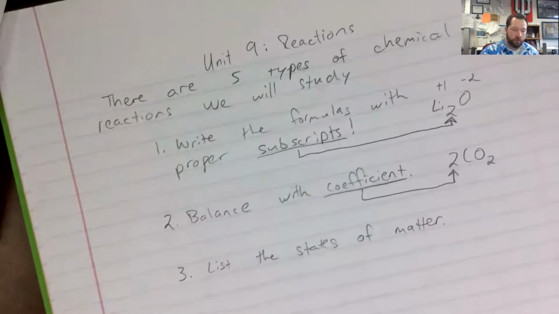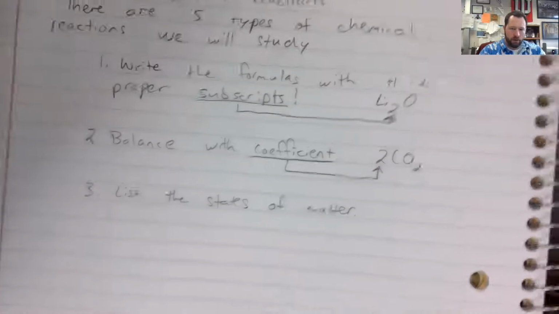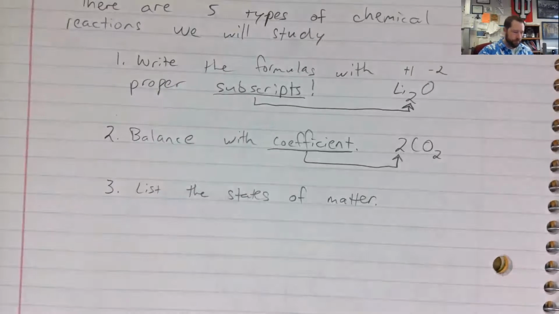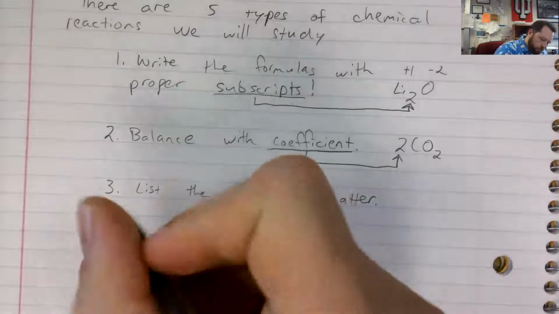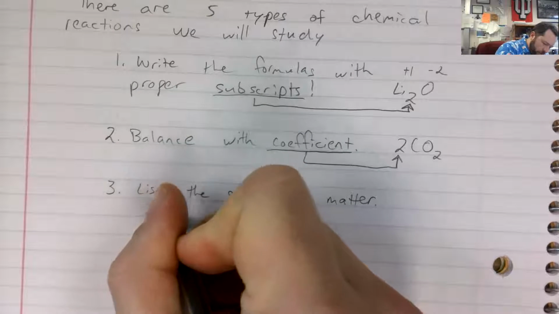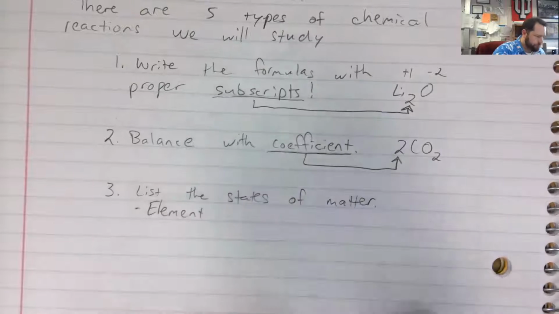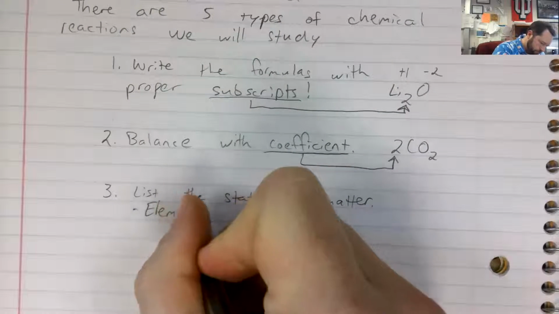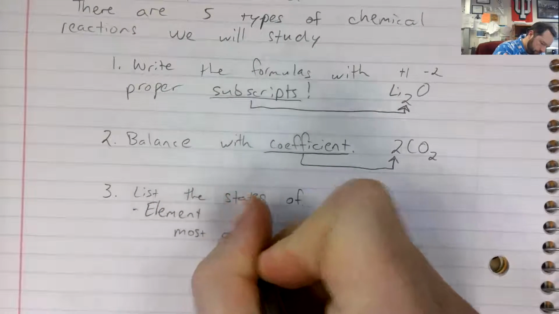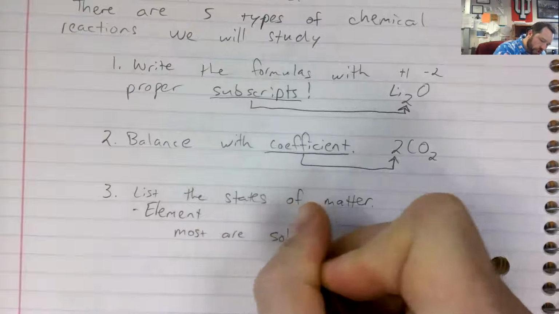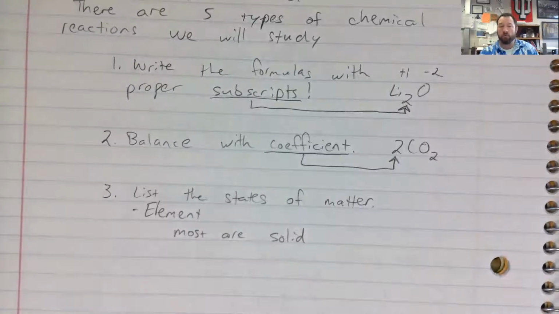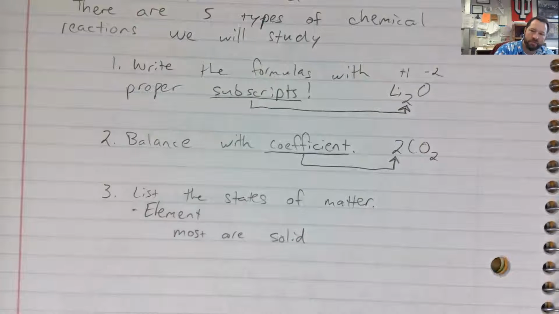list the states of matter. States of matter matter. The rules here are, if you're working with an element, most are solid. So if you can't remember exactly what you're looking for, most elements are solid.